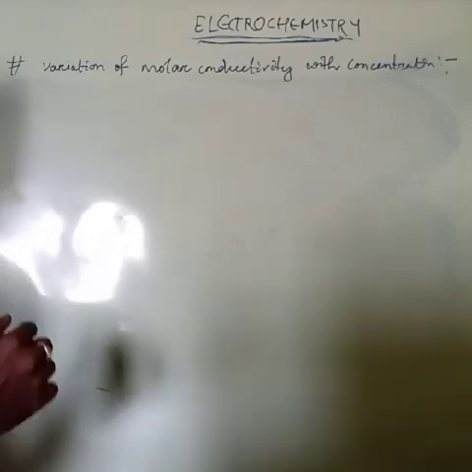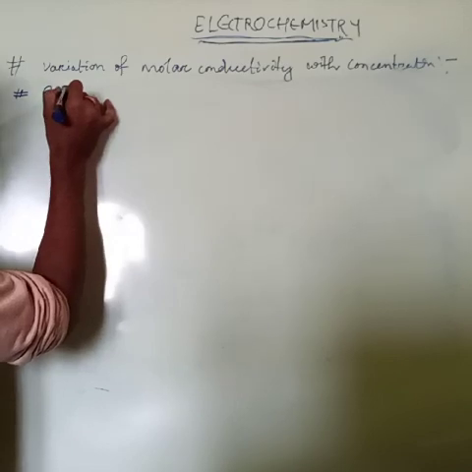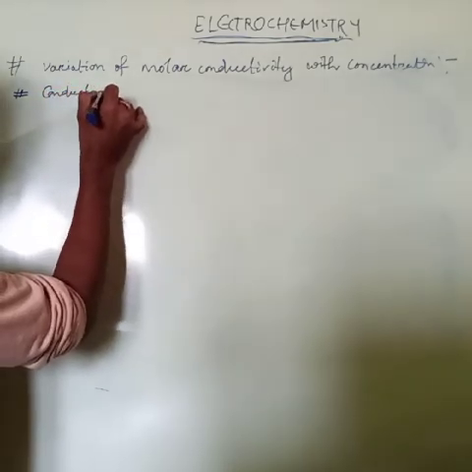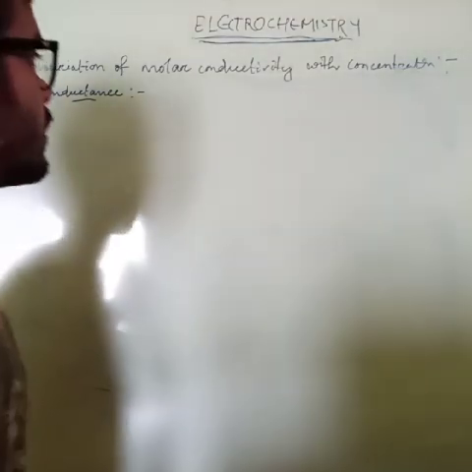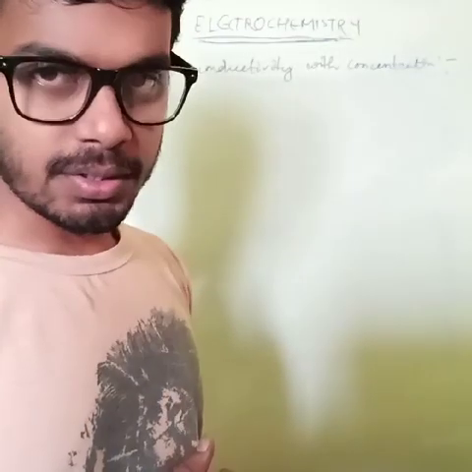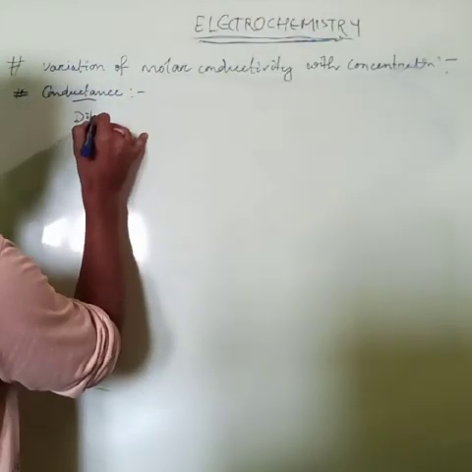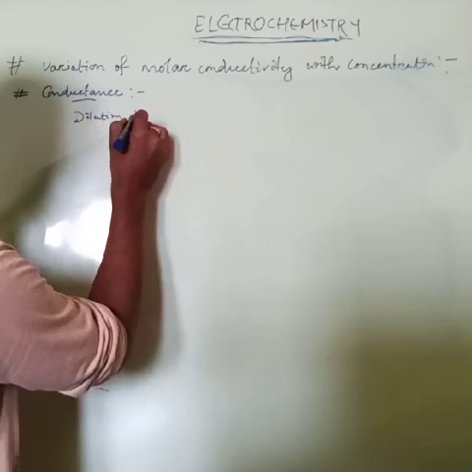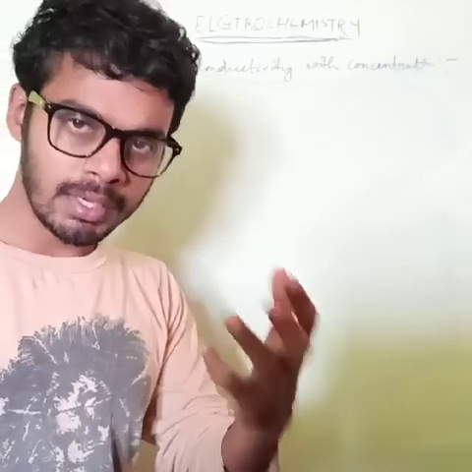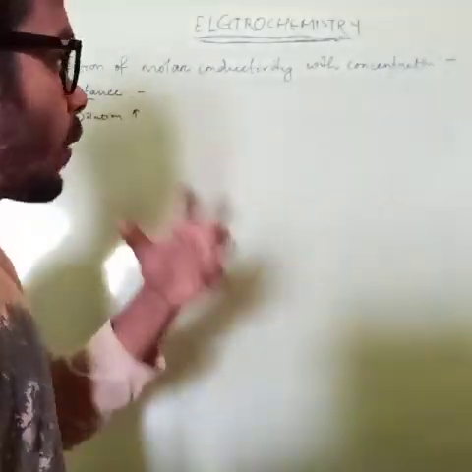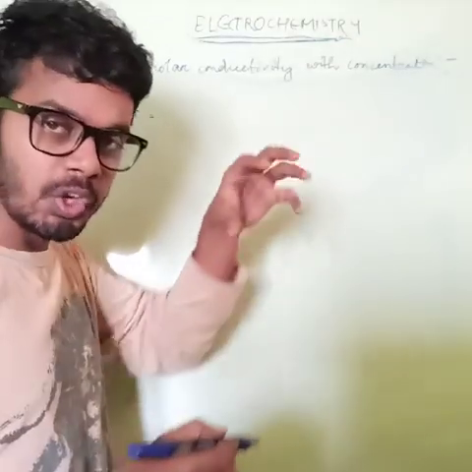So the first effect is on conductance. What is the effect on conductance of varying the concentration? If you increase the dilution of an ionic solution, the concentration decreases because you are adding water.